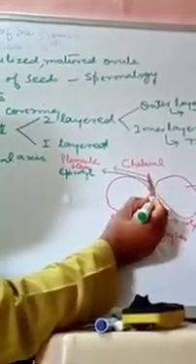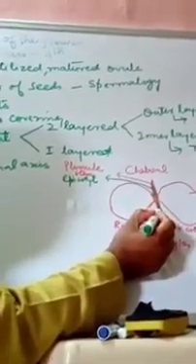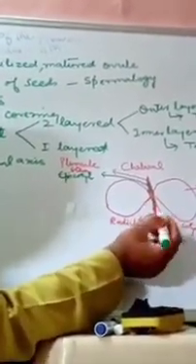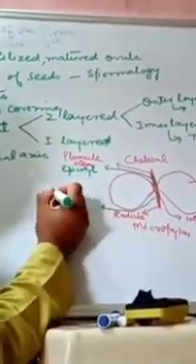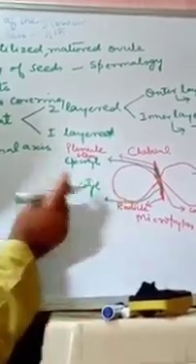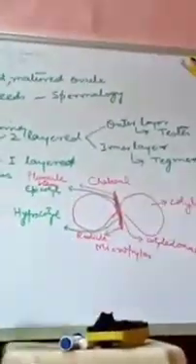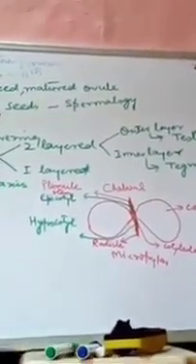Similarly, between the cotyledonary node and the radicle, that is called the hypocotyl. So this is the second part, the embryonic axis. These different parts give rise to the seedling.